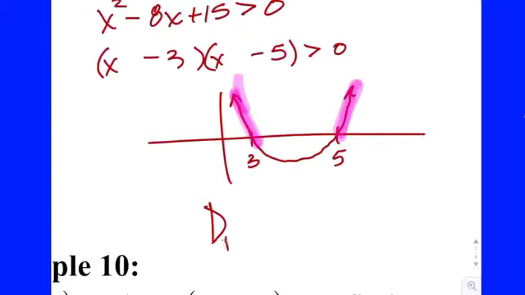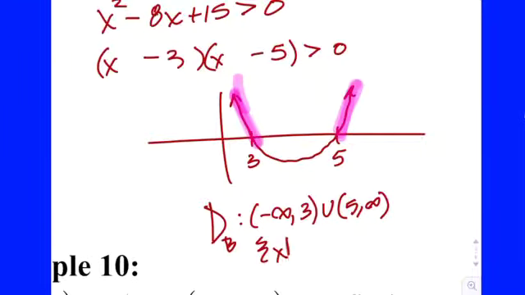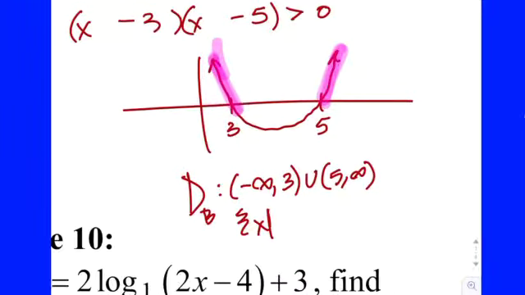So the domain of the bonus function is either negative infinity to 3 with a parenthesis, union, parenthesis 5 to infinity, or the set of all x such that, is this a compound inequality or the disjoint? Disjoint. So x is strictly less than 3 or strictly greater than 5. It is impossible for a number to be both less than 3 and greater than 5 at the same time, which is why it's an or case.